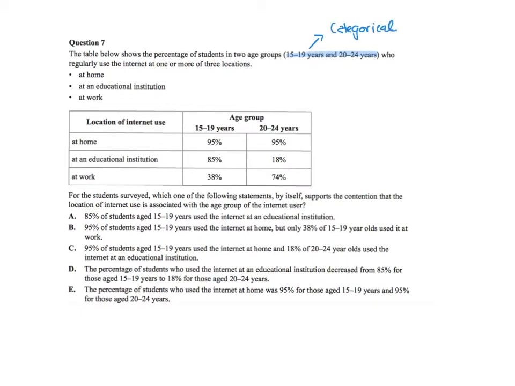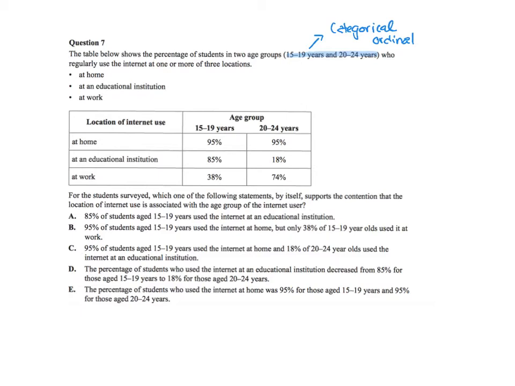But this one is actually ordinal. Why do I think it's ordinal? Because there's younger and older, isn't it? So I know if you're in that older category, you are actually older than the younger category. So that one is an example of ordinal. Let's keep going.